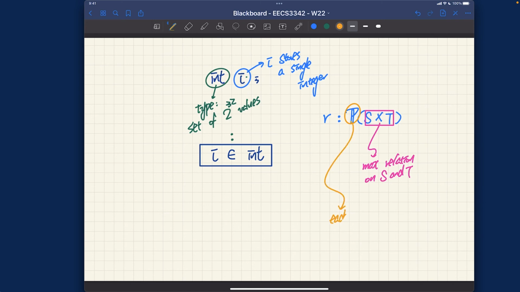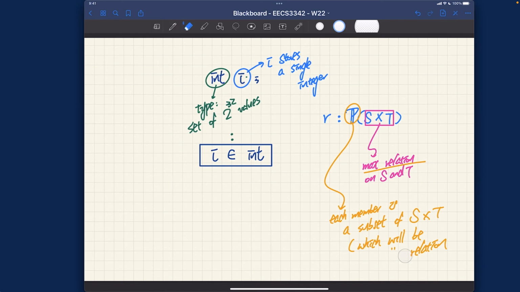Each member is a subset of S cross product T, which is a maximum relation, which will be a smaller relation. Oh, you know what? Let me be a little bit more precise.